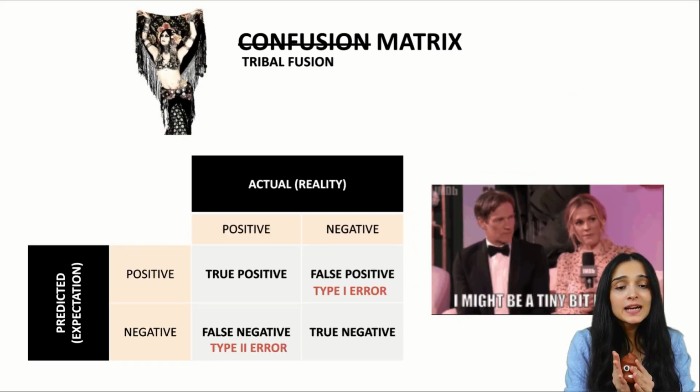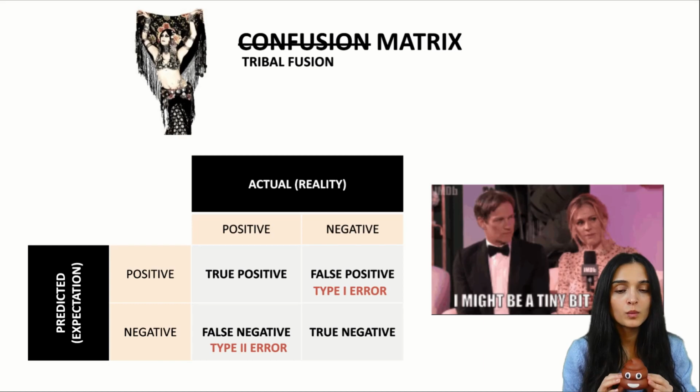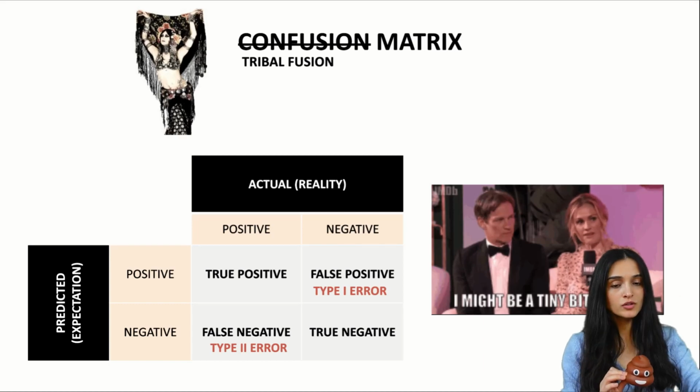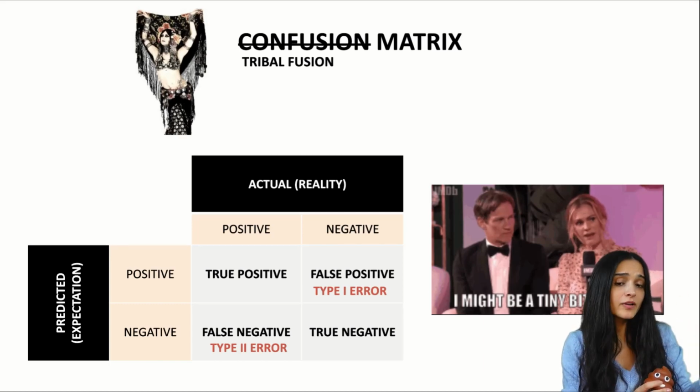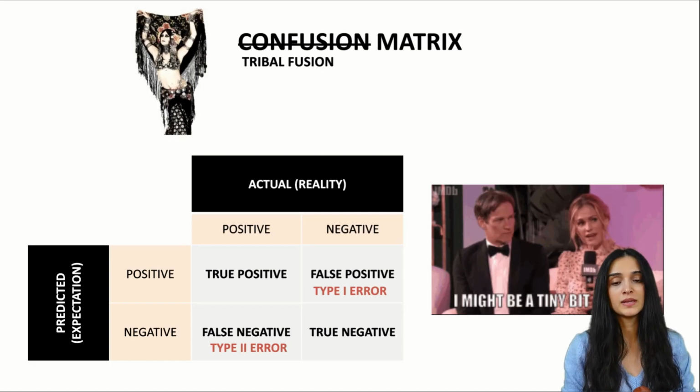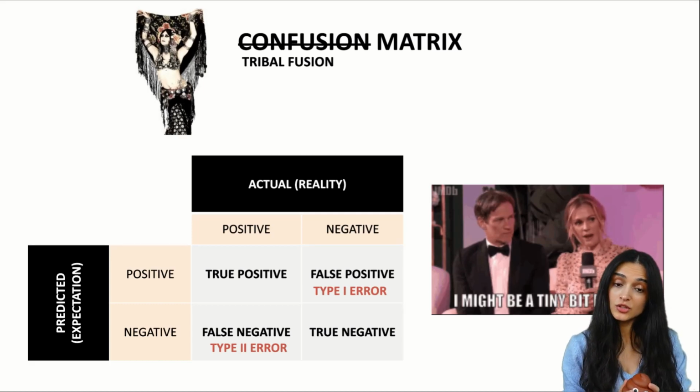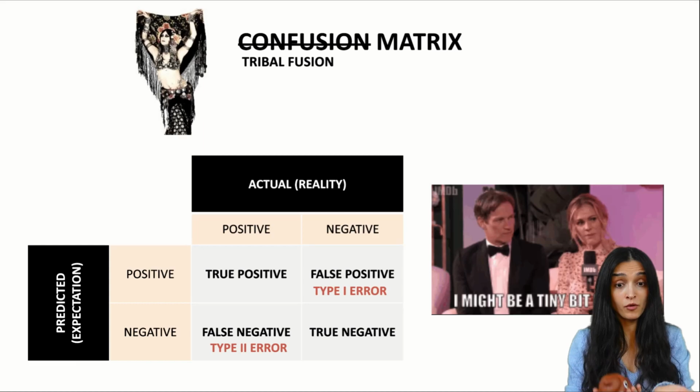Just before we finalize, I would like to explain type 1 and type 2 error. They are actually directly related to the tribal fusion matrix. One of them is false positive. False positive is type 1 error, where we thought that she was actually gorgeous, so we assigned a positive value, but she turned out to be not so gorgeous, so we ended up with a false positive in our hands, which means we actually overestimated.